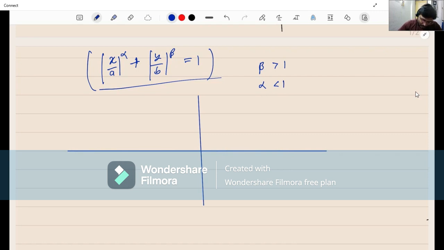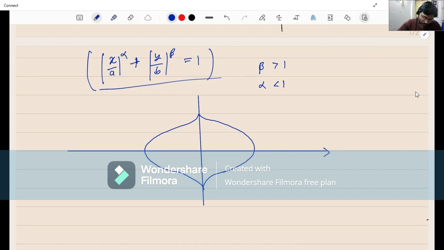Since alpha is less than 1 and beta is greater than 1, it will look something like this.